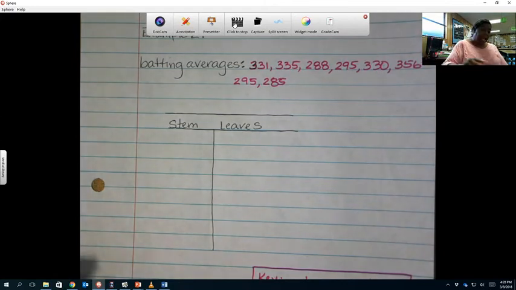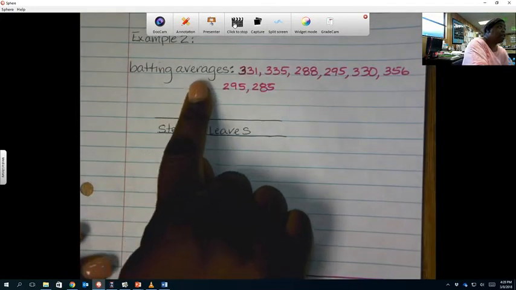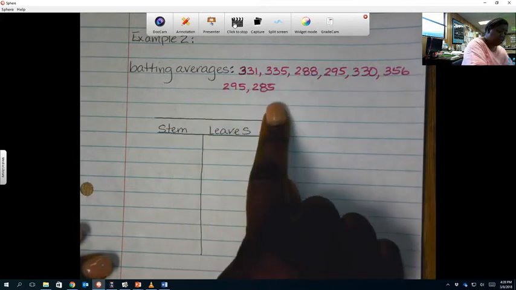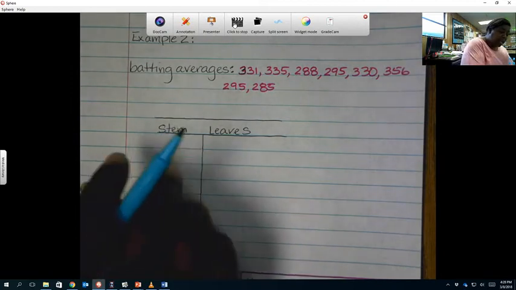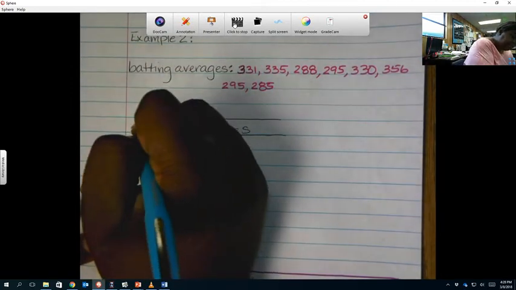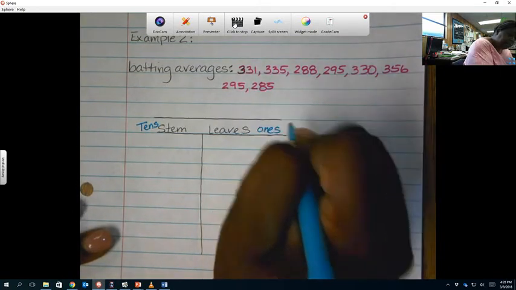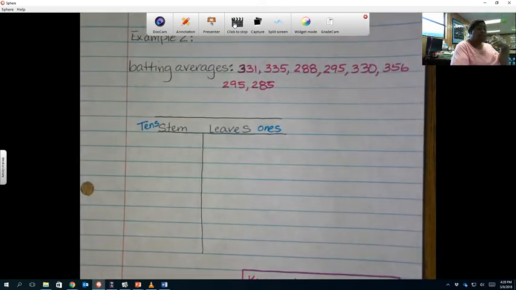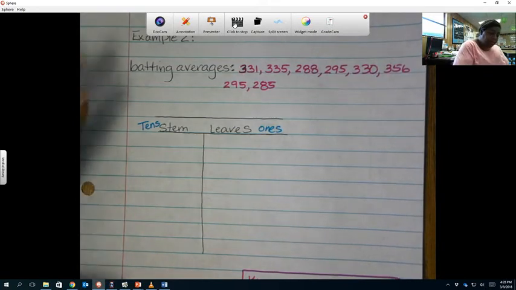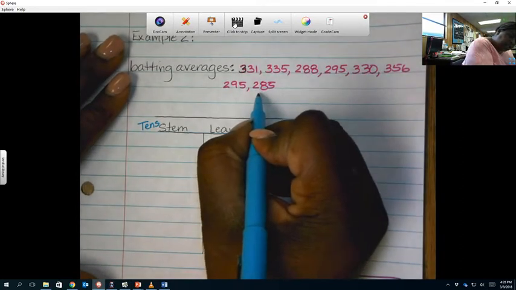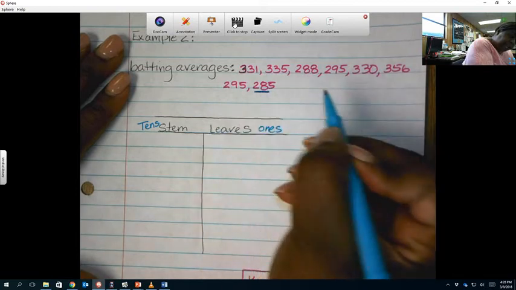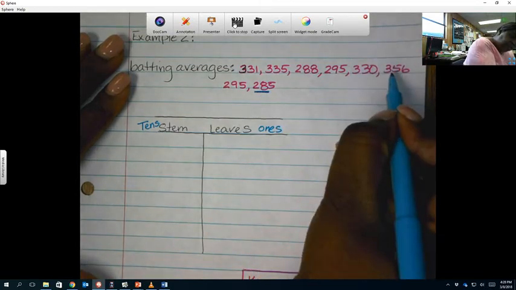Let's say I have batting averages and I have these 3-digit numbers. Well, I'm going to again organize my stem and leaf plot by tens and ones. Only this time I have more tens than just 1 ten or 2 tens or 3 tens. So I'm going to first look for my lowest number, which is 285, and my highest number, which is 356.